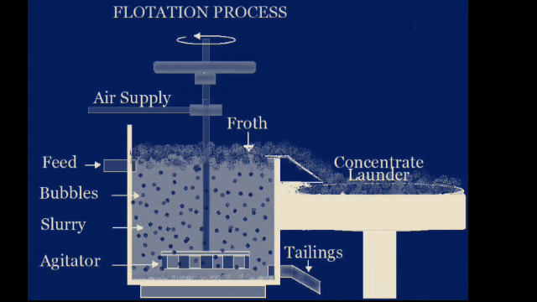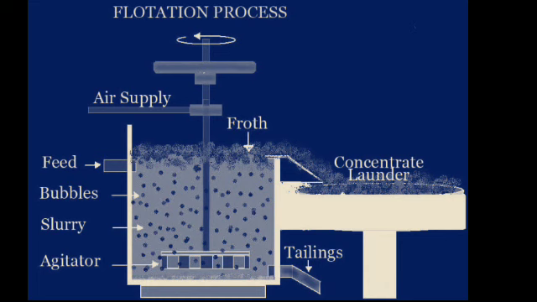In this method, the finely ground ore is put into a big tank containing an ample amount of water. Certain vegetable oils such as pine oil and eucalyptus oil are added to the water for the formation of froth. Pressurized air is blown through the water. There is an agitator rotating around its axis in the center of the flotation tank.